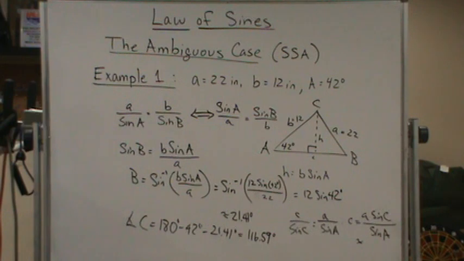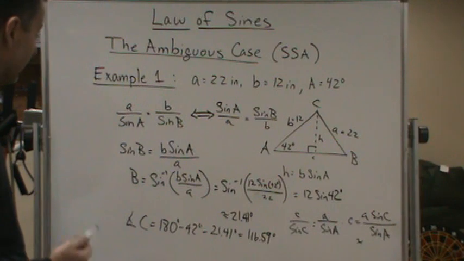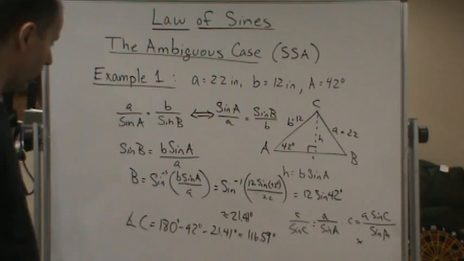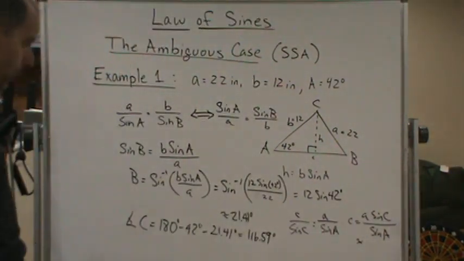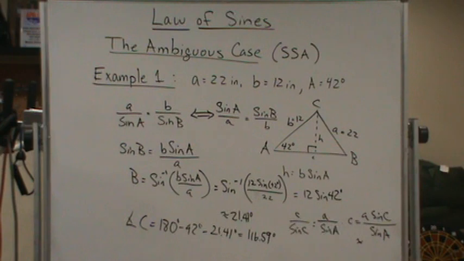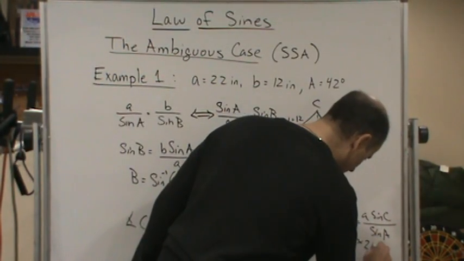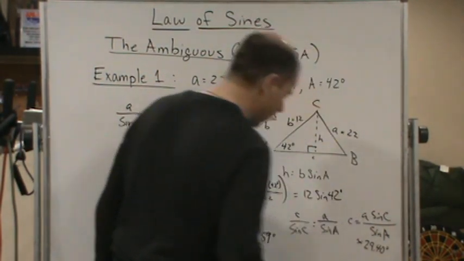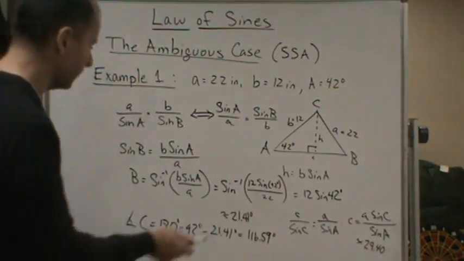And so a is 22, so we're going to take sine of 116.59 divided by sine A, which is 42. Plug that into your calculator and you'll get approximately 29.40 inches.